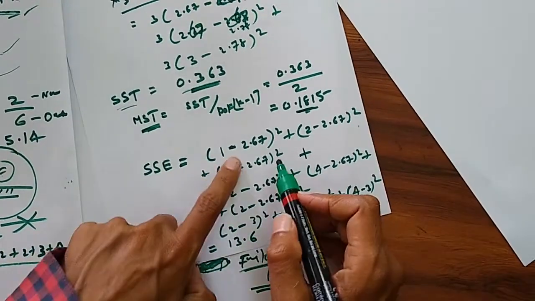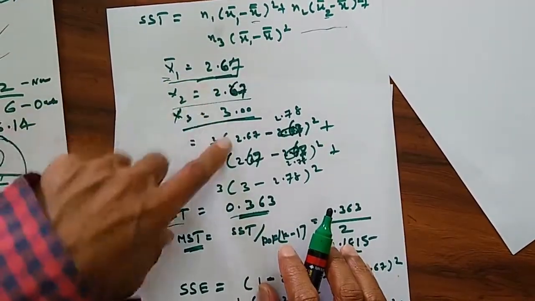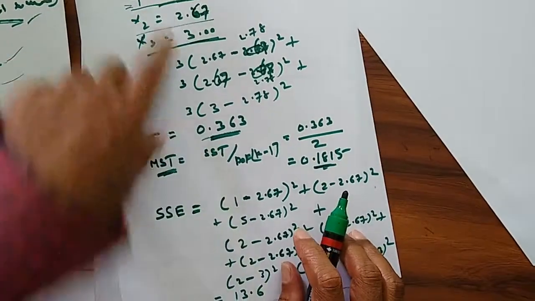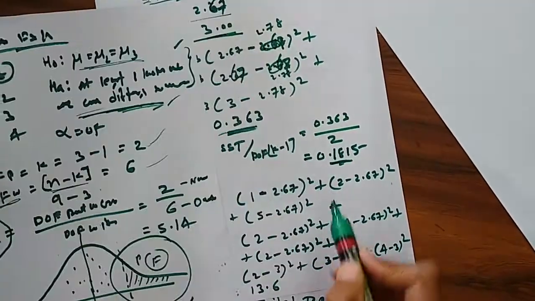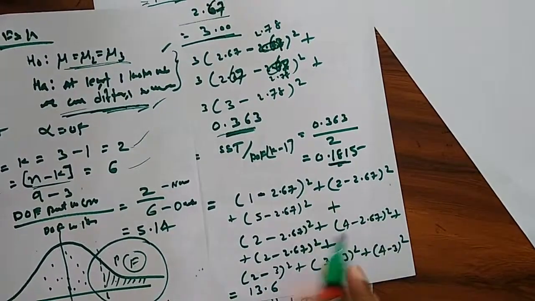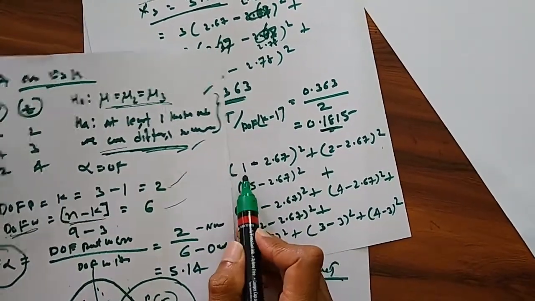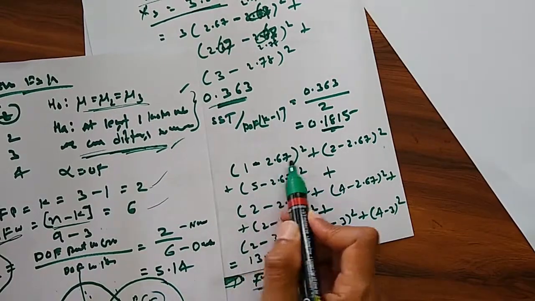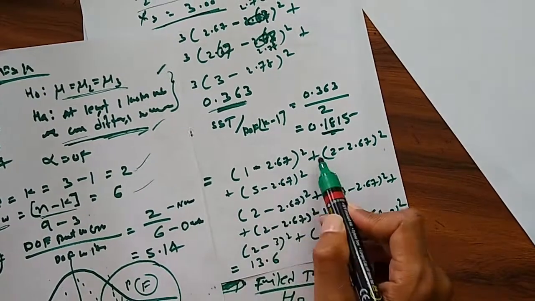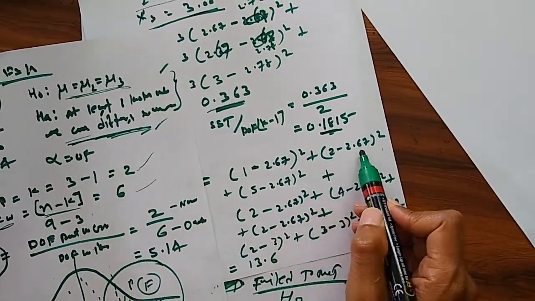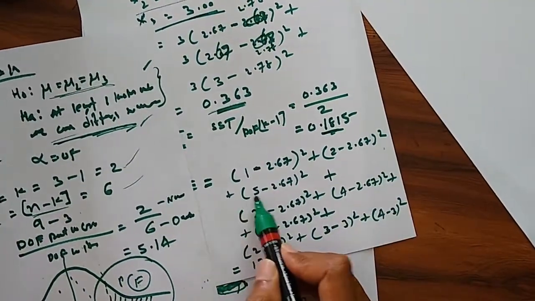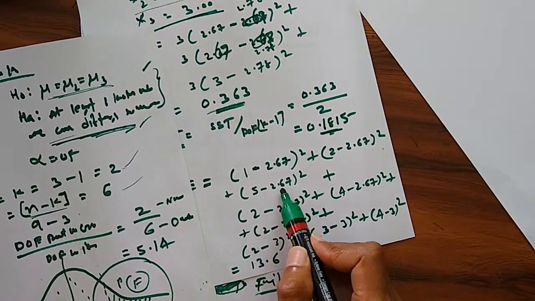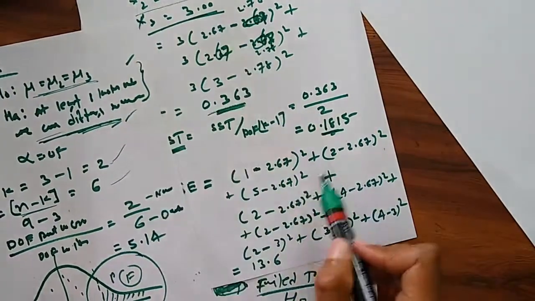Once you know MST, then you need to calculate SSE. Once you know the sample means, you need to subtract the sample mean from each and every element of each sample and square it. So in this case, 1 minus the first sample mean 2.67, whole square, plus the second element 2 minus 2.67, whole square, plus the third element 5 minus 2.67, whole square.